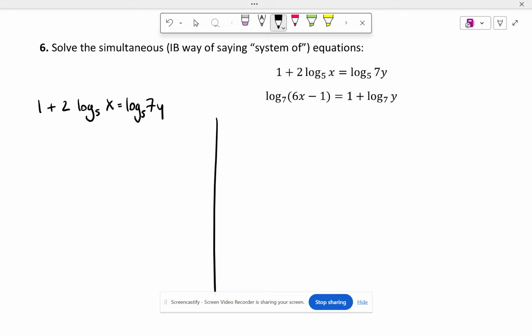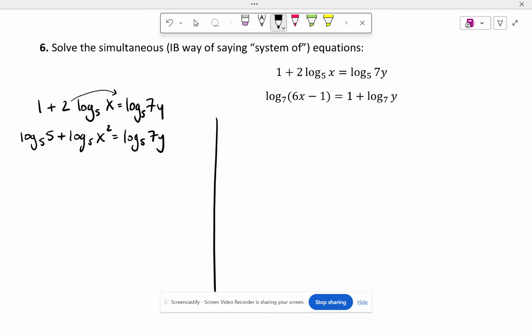What should I change this 1 into? What do you guys think? Log base 5 of 5 plus. And then I'm going to take this 2 and bring it up to be an exponent, because I know I'm going to be consolidating these arguments here, right? So I've got log base 5 of x squared equals log base 5 of 7y.